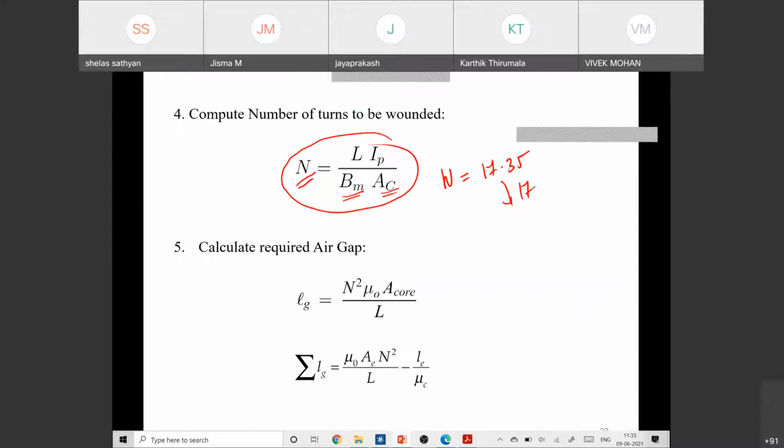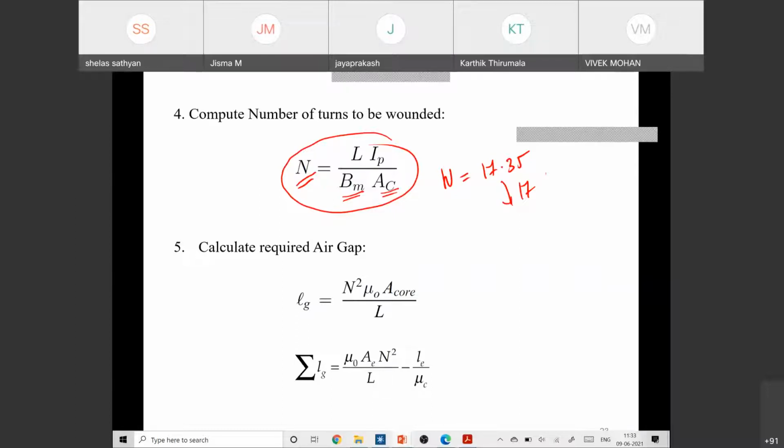If you are interested in a half turn, that is not completely turning the winding, you can get 17.5 also. But better, we choose the nearest whole number.